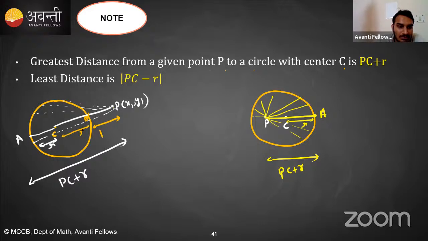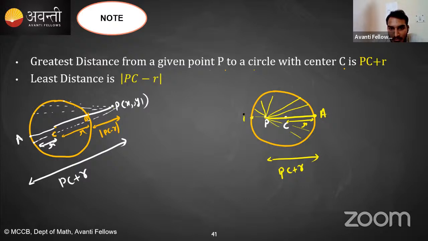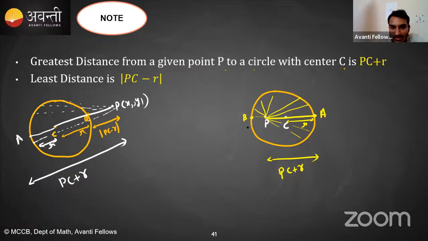This is again R. Similarly, for a point inside the circle, the minimum distance is at the point very near, which is this point B. So this distance is R minus PC, so mod of PC minus R. Is this clear?